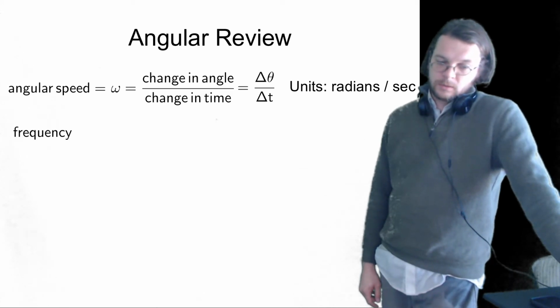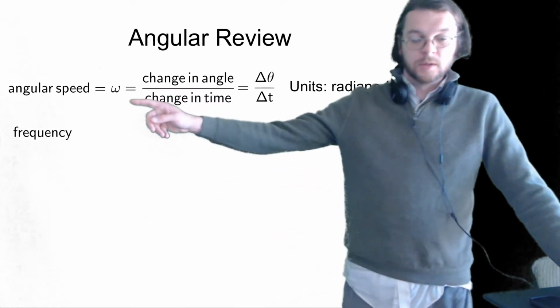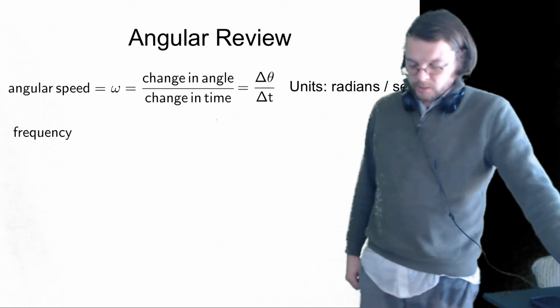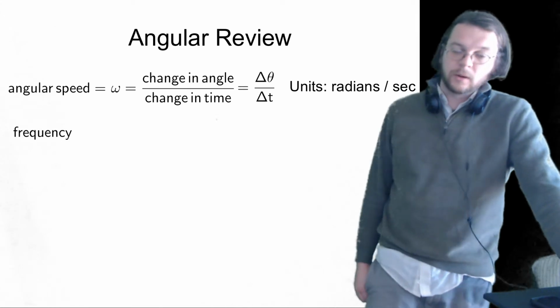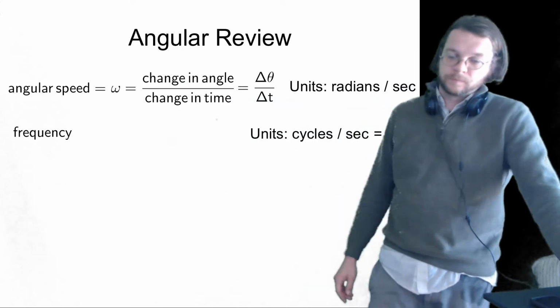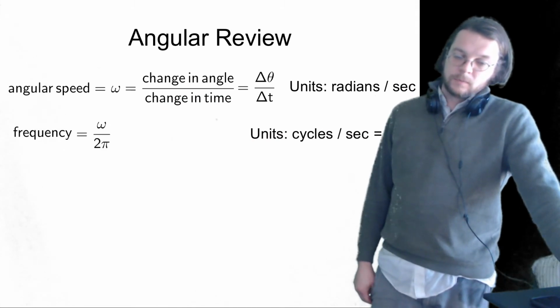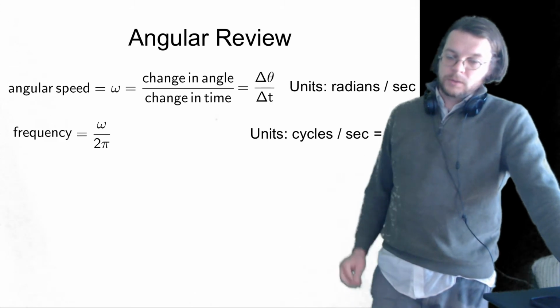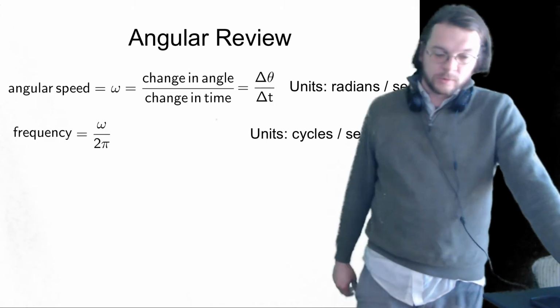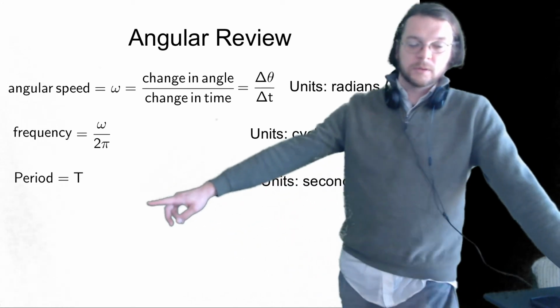The frequency is related to omega. In one circle there's 2 pi radians, so if you divide omega by 2 pi, instead of radians per second you get cycles per second. And then the frequency is 1 over the period, which means the period is 1 over the frequency.